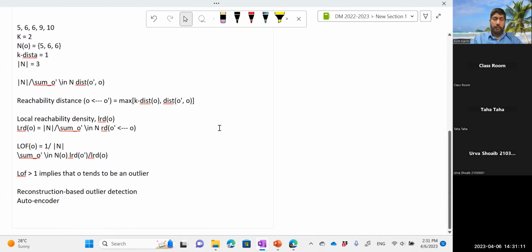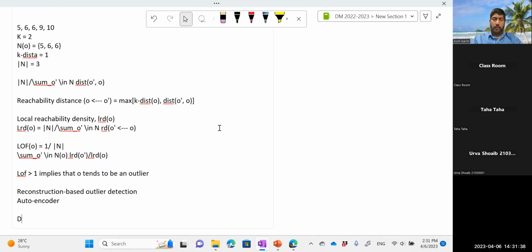So the general idea, first of all, is like this. We develop an encoder or a representation for the entire data set. Let's say you have a data set D, which consists of, of course, n objects. So you build a representation for this data set.